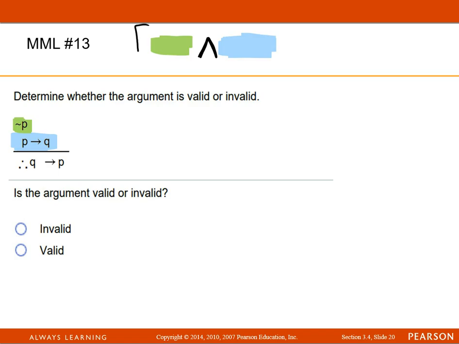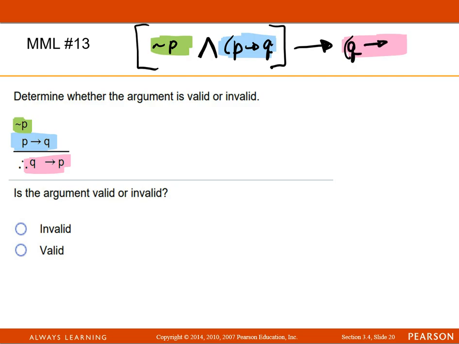Since I've written down all my premises, those are going to go in a bracket with an if-then arrow in between them, and then you finish it with your conclusion. So I'm going to write this as negation of P and if P then Q, and then an if-then statement ending with if Q then P.